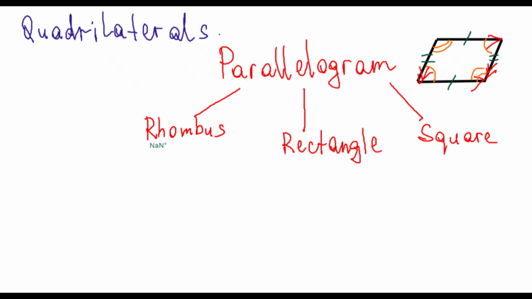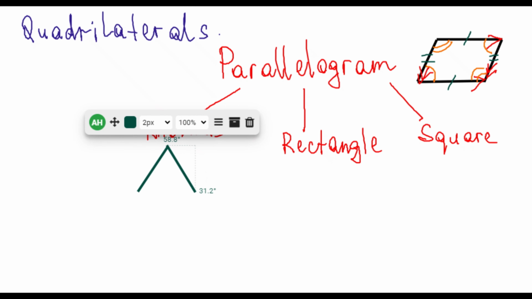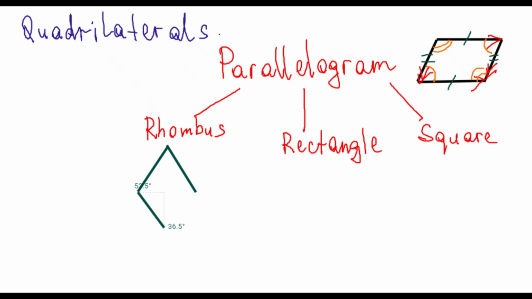Let us see. First, we will draw a rhombus. From first look, it can look like kite, but it is not kite, as all sides are same here. This side is the same with this and with this. So all four sides are same.